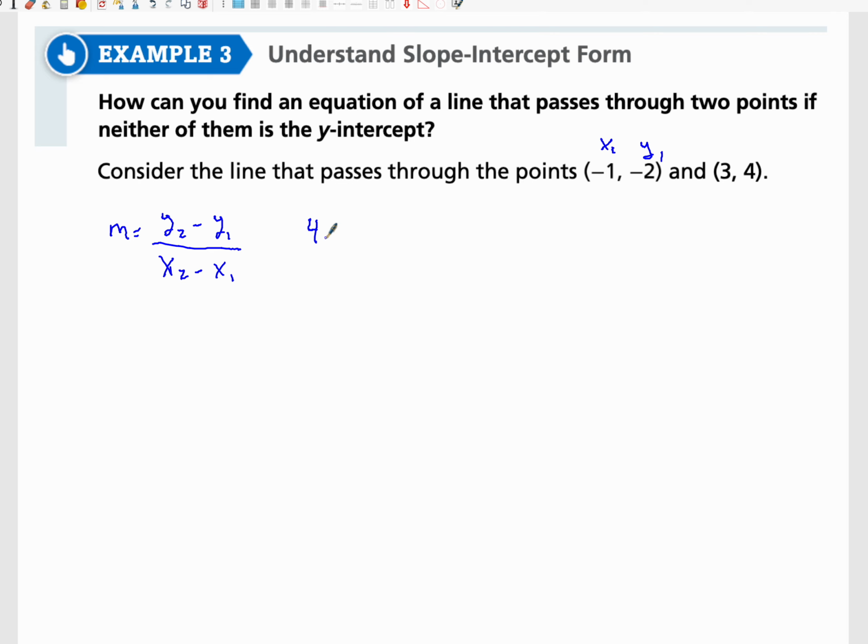It would be 4 minus -2 over 3 minus -1. From now on, I will probably just write it as 4 plus 2 over 3 plus 1. The formula has minus symbols in it, but when there's 2 negatives, it becomes plus, right? So that's going to be 6 over 4, which is 3 over 2. So my slope is 3 over 2.